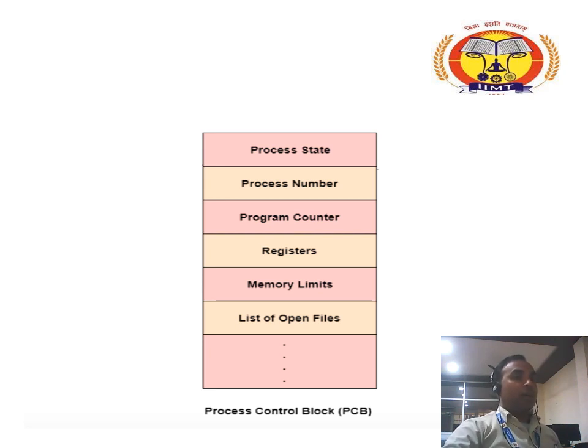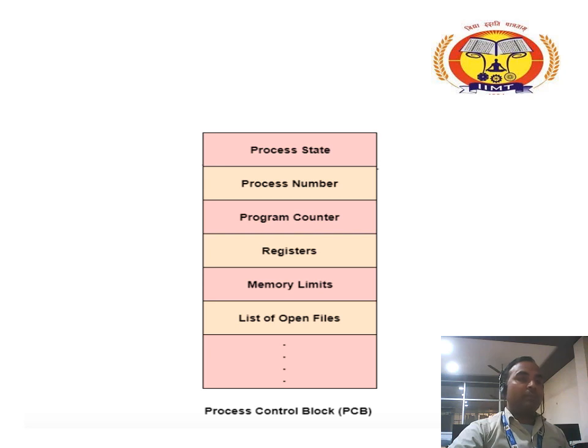Now come to the next point, that is process number. As we all know, serial number, roll number, sequence number. In the same way, there will be a process number. It may start from the sequence 1, 2, 3, 4, 5, 6, 7 and so on. Clear? The program counter.